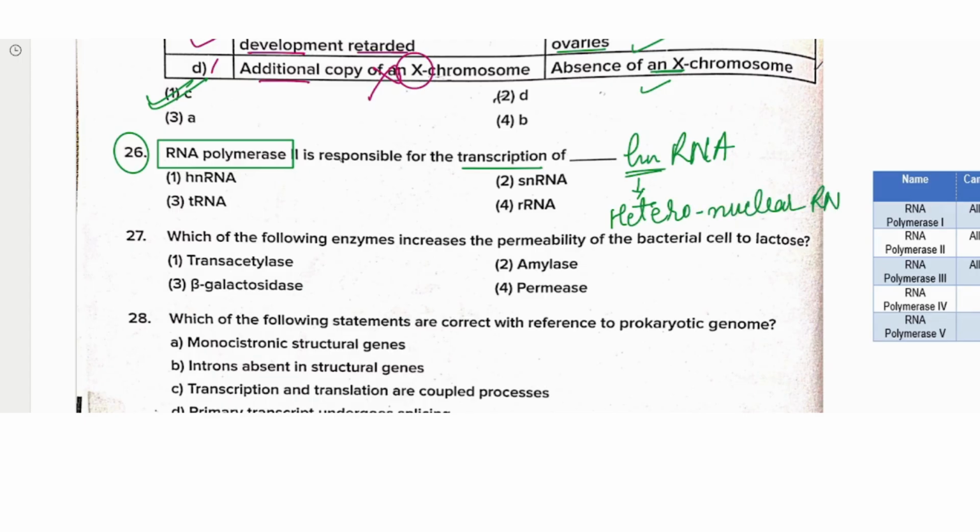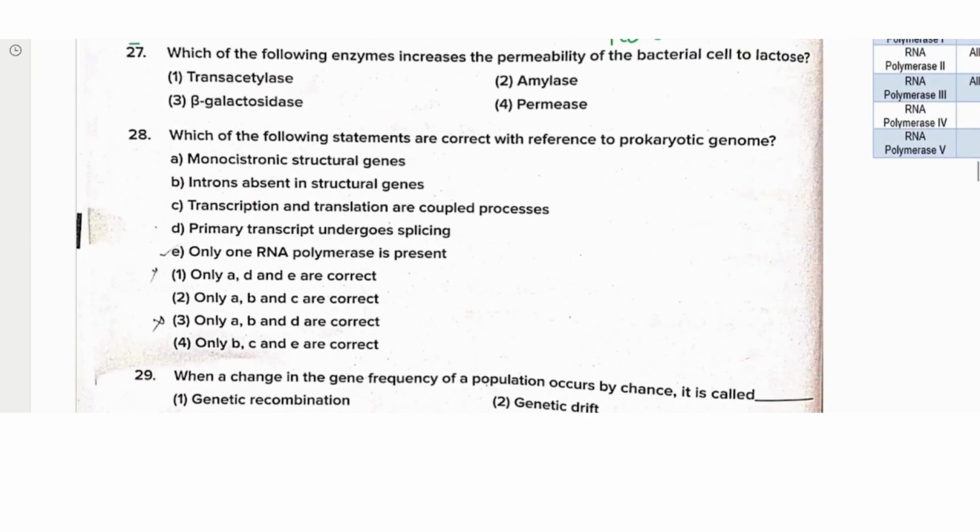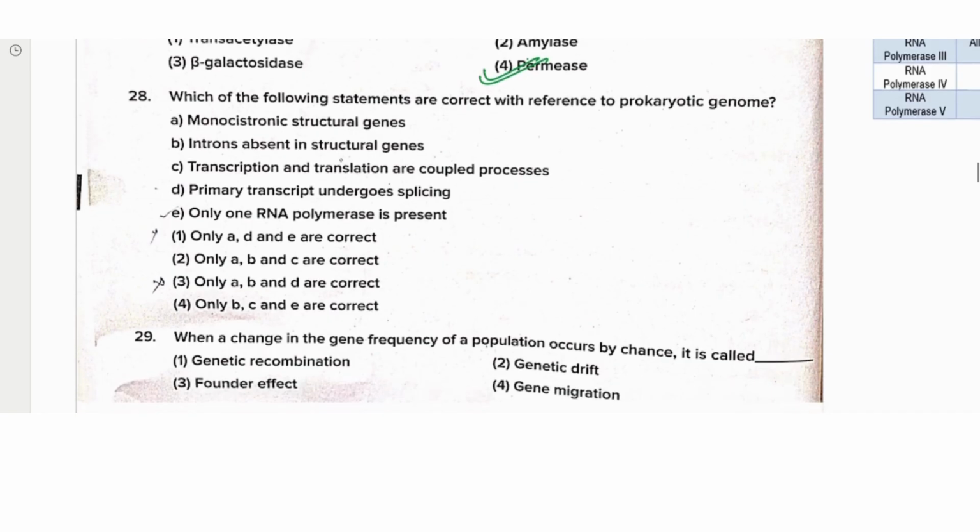It is the precursor of mRNA. So here it is hnRNA. Next, question number 27: which of the following enzymes increases the permeability of the bacterial cell to lactose? It was actually permease which was giving this permeability.